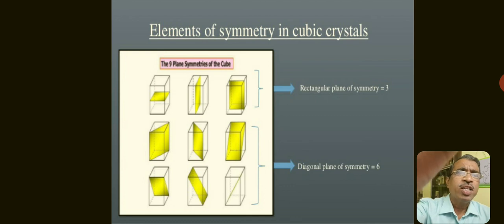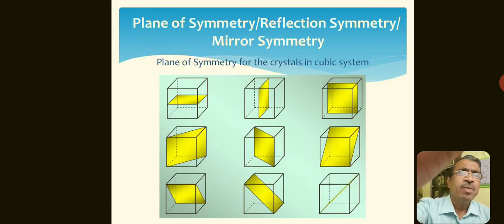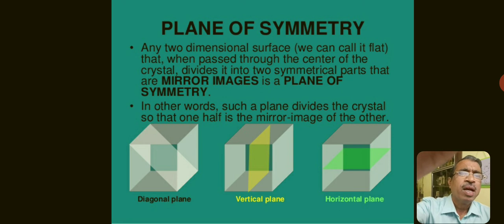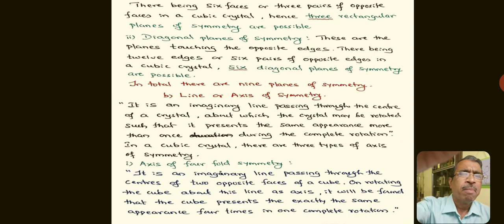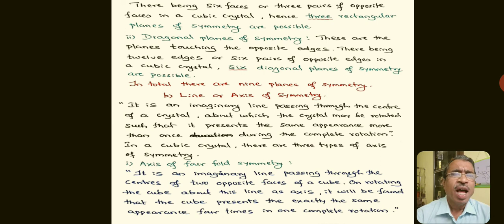Now, let us take the other one, that is the axis of symmetry. How to define this axis of symmetry? It is an imaginary line passing through the center of a crystal about which the crystal may be rotated such that it presents the same appearance more than once during the complete rotation.